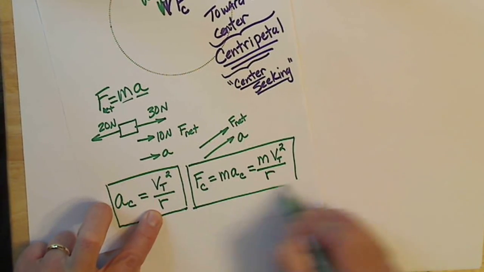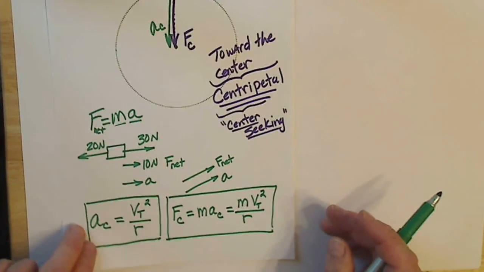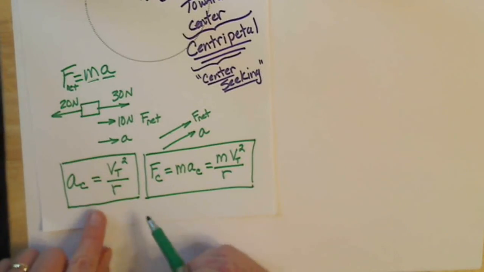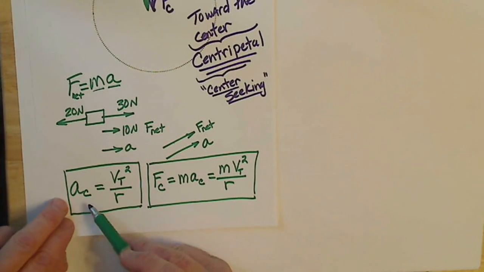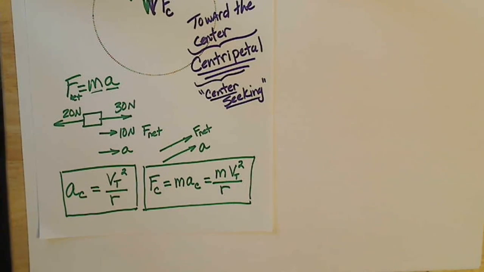In the next two videos, part 2 and part 3, we're going to go over how to calculate the tangential velocity, the centripetal acceleration, and the centripetal force.